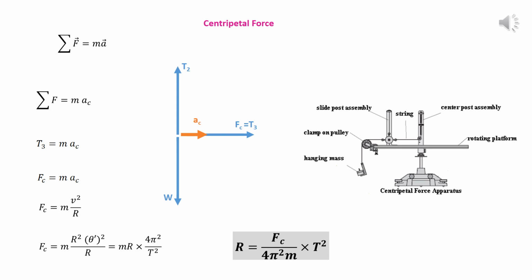You put r on the y-axis and T squared on the x-axis. The slope would be Fc over 4 pi squared m of the system. Remember, from the equilibrium, F centripetal is equal to the weight of the hanging mass. And from the rotation, we know that F centripetal is equal to the tension in the third row.